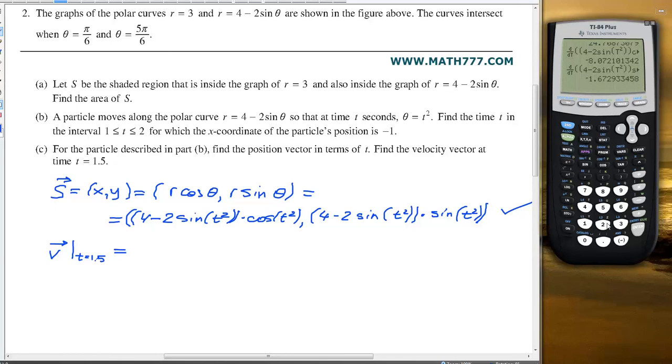And so our answer here is negative 8.07 and negative 1.67. So this is our final answer.